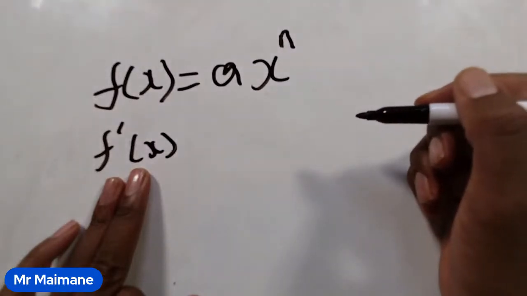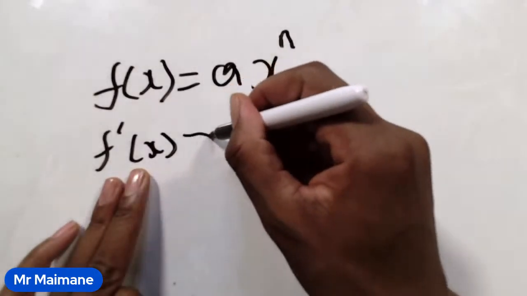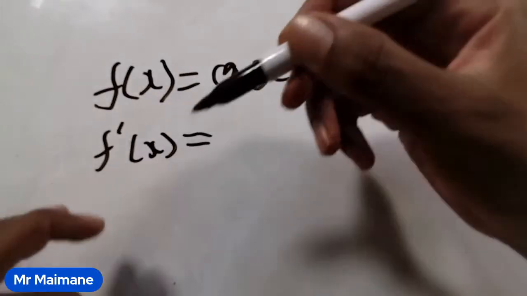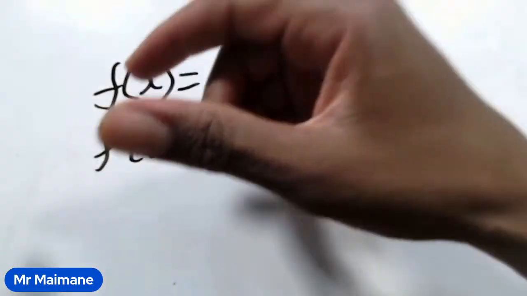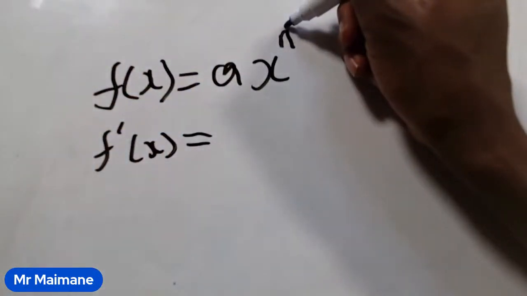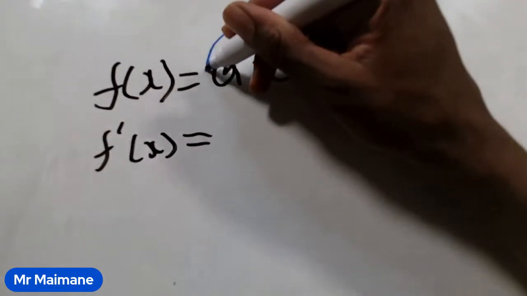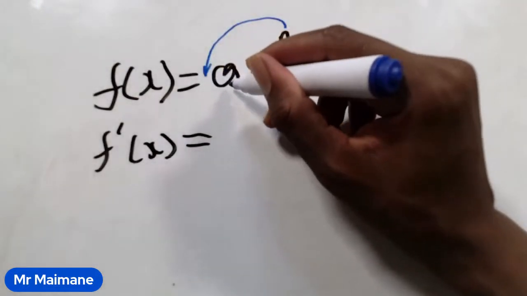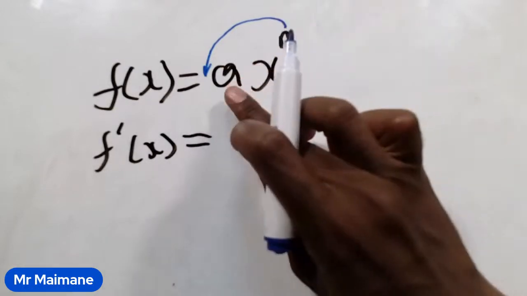We denote it by f prime x. So to find f prime x, this is how it works. The exponent, you move it from where it is and put it in front here, and then you multiply it by whatever constant is there. This is a constant number.